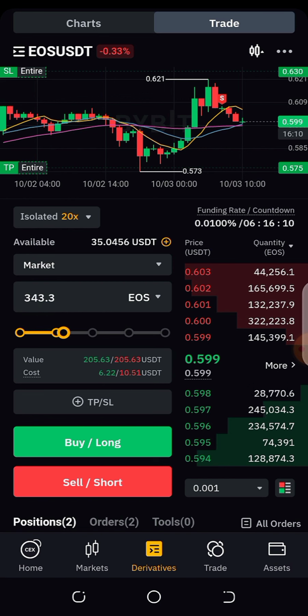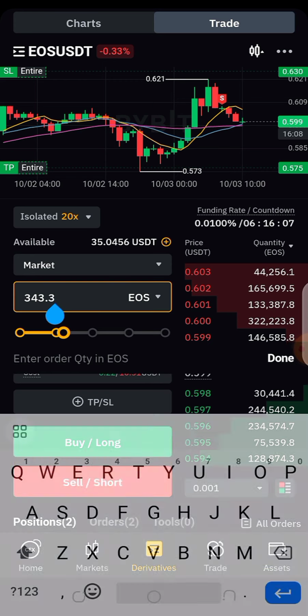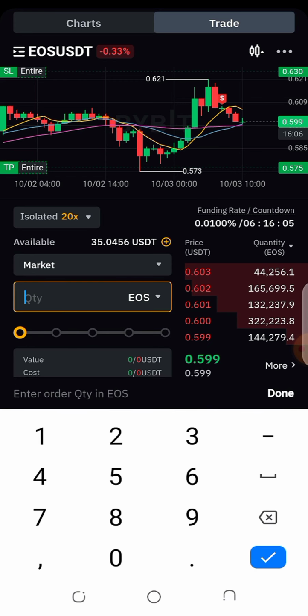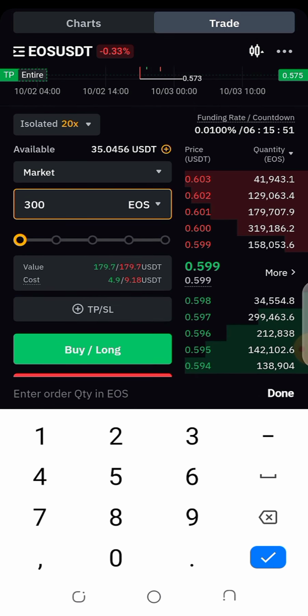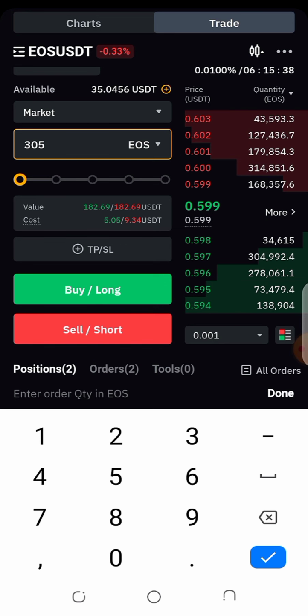If I want to reduce it to 5, I can clean this up, maybe put 380, and look at that, sorry, put something like 300, we get 4.9. So it depends on what you want to achieve. If you want to achieve 5, you can keep on increasing it, like increase it to 10, you see, or increase it to 305, maybe, to get accurately 5 USDT. That is when you can put in your take profit and your stop loss.